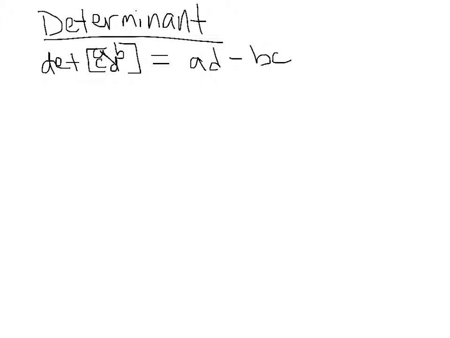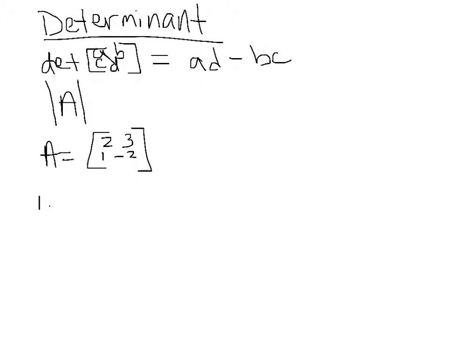You'll see a determinant written as DET with your matrix. You can also see a determinant written as your capital letter with what looks like absolute value bars around it. So if we had matrix A equal to 2, 3, 1, negative 2, and question 1 said evaluate A with bars around it, that means evaluate the determinant of A. So you would do exactly what it says.